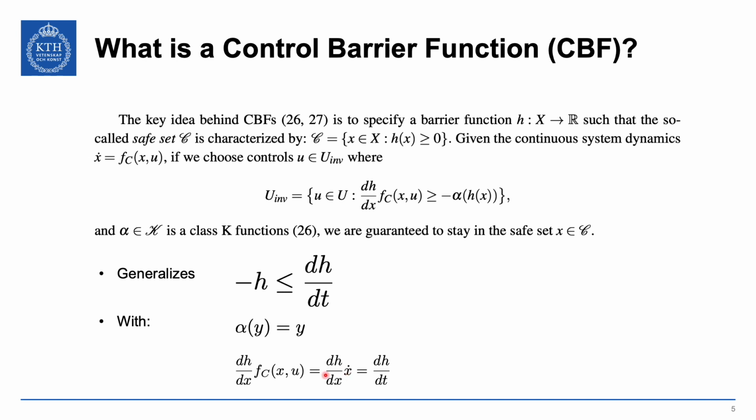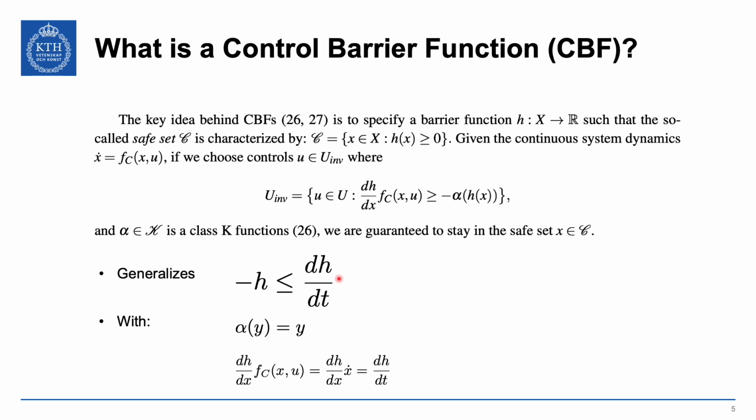So this is dh/dx times dx/dt, which simplifies to dh/dt, which is over here. So as you can see, this is a special case of the more general function here, where we allow general dynamics, whereas in this case we just assume that we could set the velocity of our car, which is fairly reasonable but not totally true.